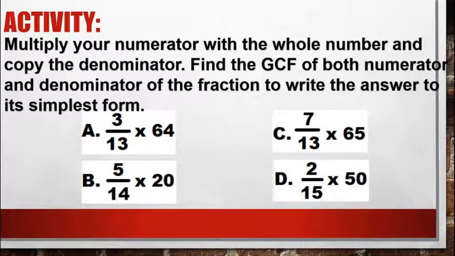The first thing we need to do is to multiply your numerator and your whole number and copy your denominator. The second is to find the greatest common factor of both numerator and denominator to find your simplest form of the answer. So let's do this.